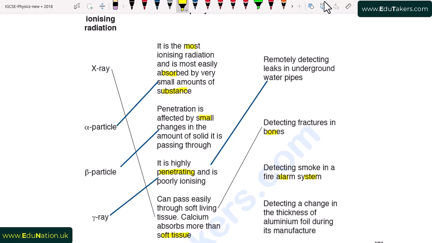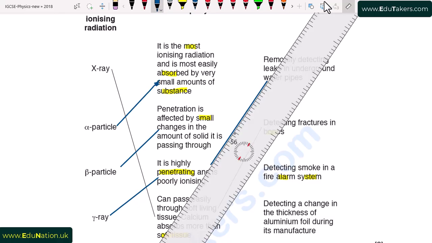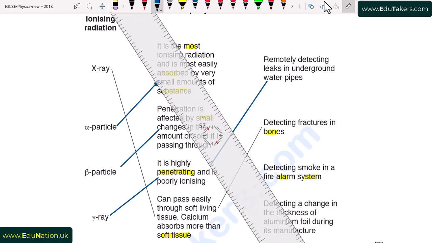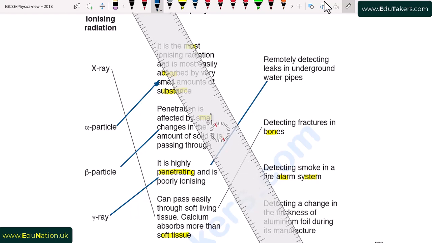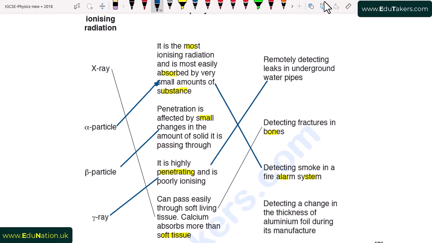So first of all, alpha particle is associated with the first property. So I have to connect the first property with this one. And the last one is detecting a change in the thickness of aluminum foil during its manufacture.